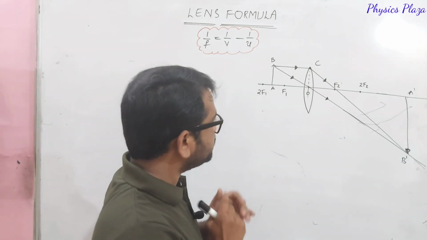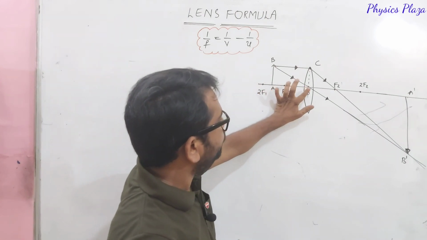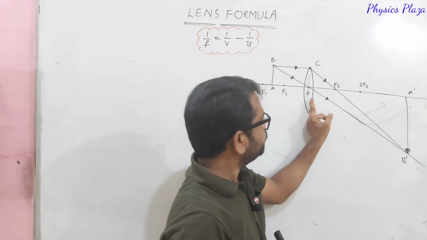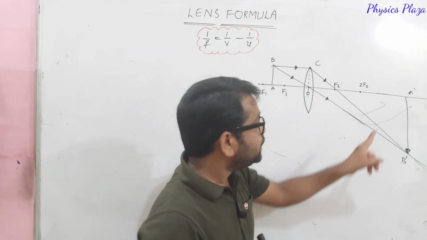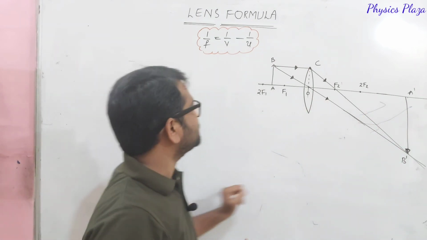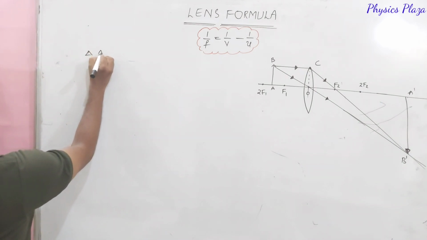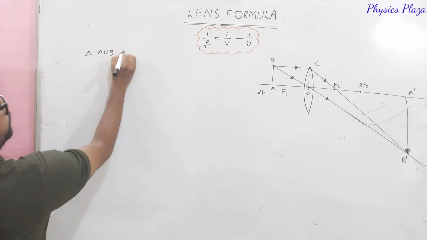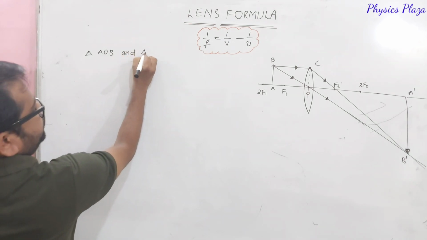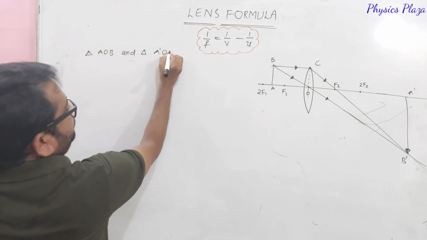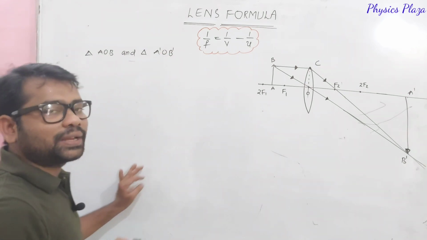Here, just notice that AOB is one triangle and A'OB' is another triangle. These two are identical triangles. So from the picture, we can take triangle AOB and the other triangle A'OB'.